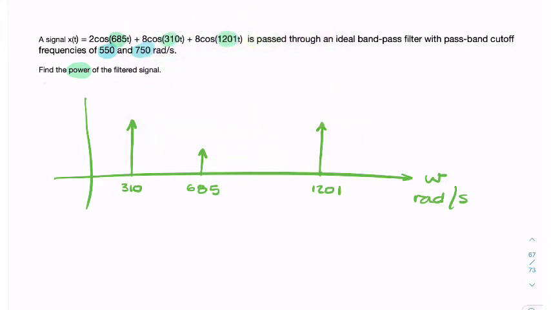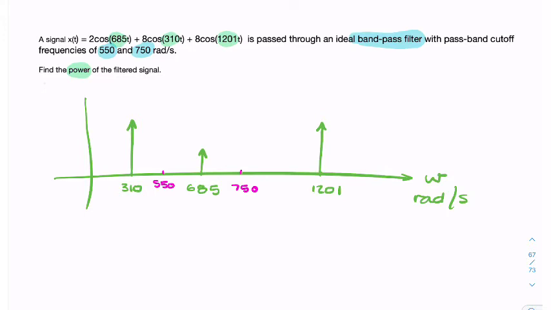So that would be somewhere here and here. And because it's a bandpass filter, it means the pass band would be between these two numbers. So it would pass components between these two and block components outside.